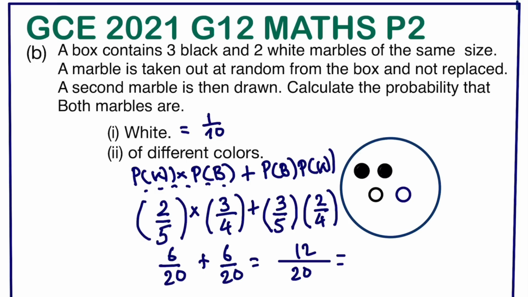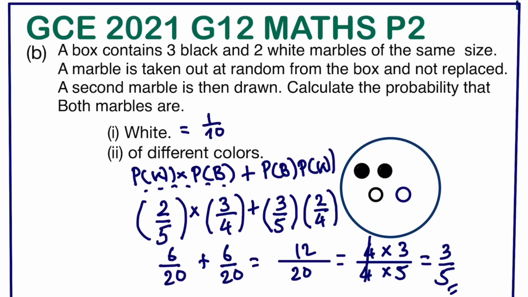We have 4 can divide, so we have 4 times 3, and here is the same as 4 times 5 is 20. So if we simplify this, we'll be left only with 3 over 5. So this is our answer.